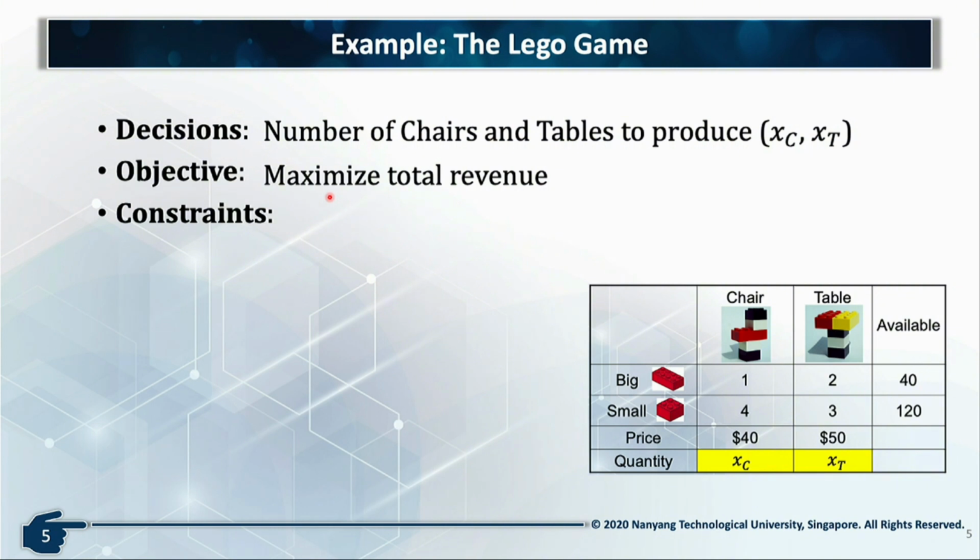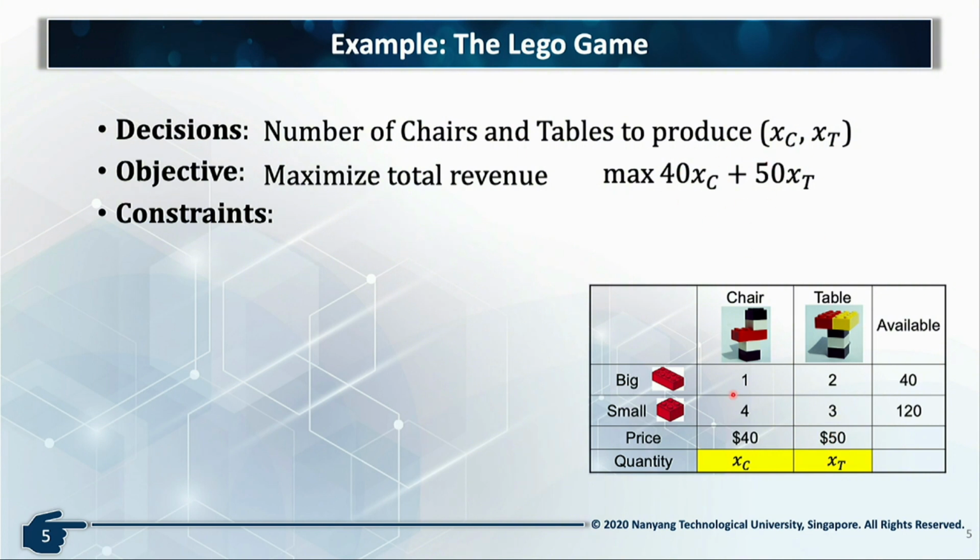Okay? So we know that the price of the chair is 40 and the price of the table is 50. Then producing xc units of chair will generate the revenue of 40 times xc, right? And producing xt units of table will generate a revenue of 50 times xt.